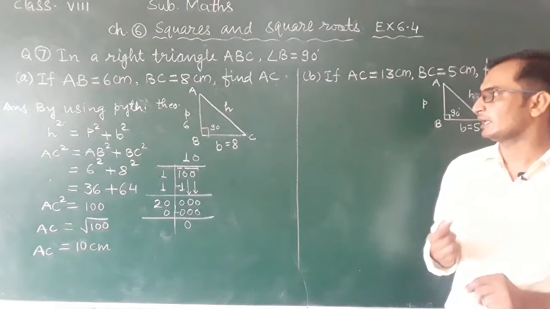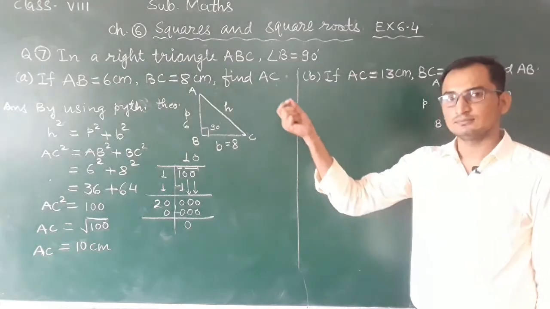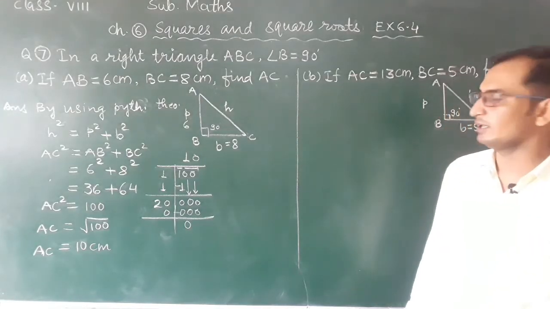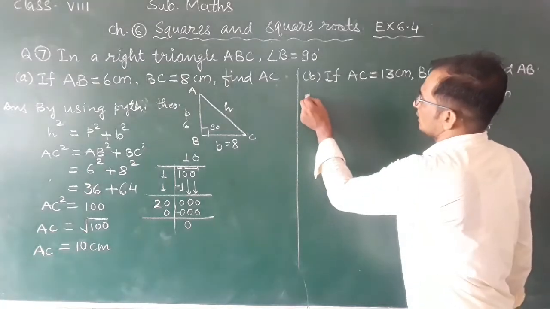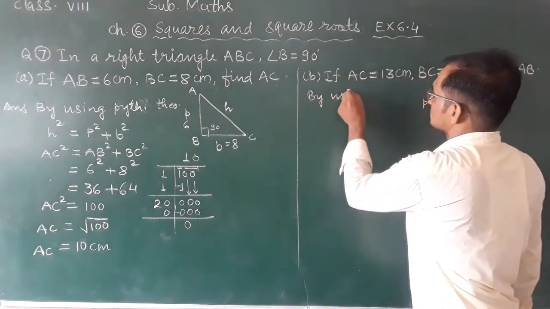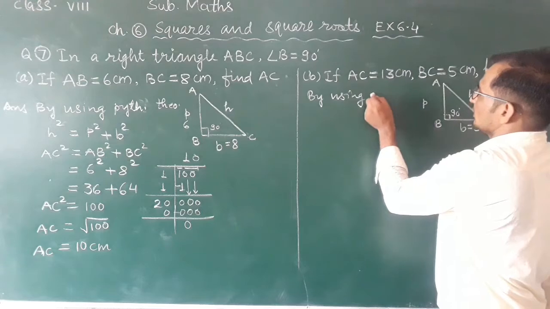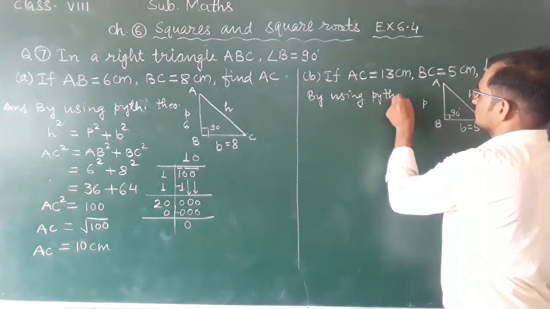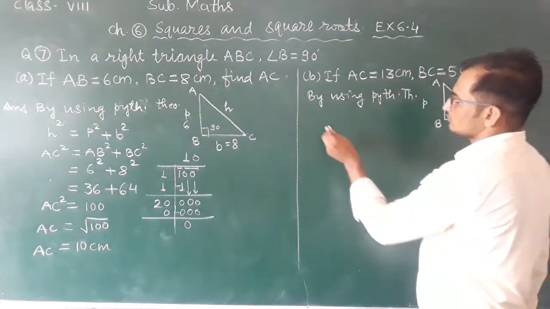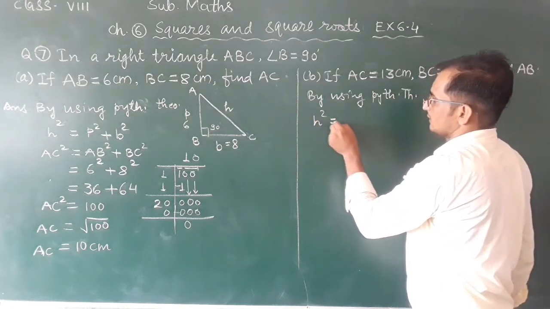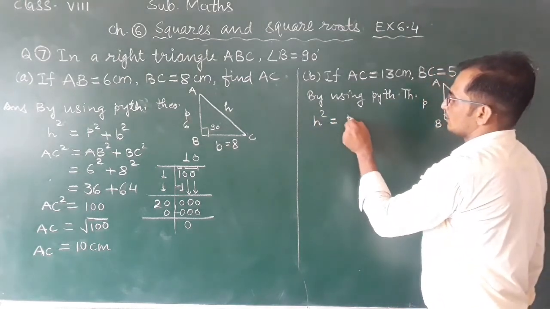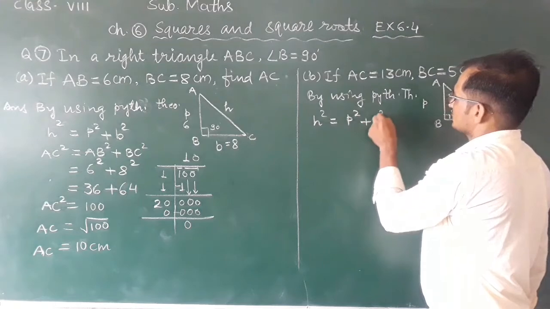Then how do we calculate it? By using Pythagoras theorem, and you know very well what Pythagoras theorem says: hypotenuse square is equal to perpendicular square plus base square.